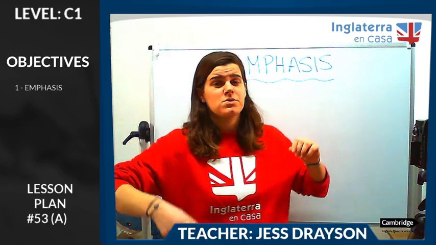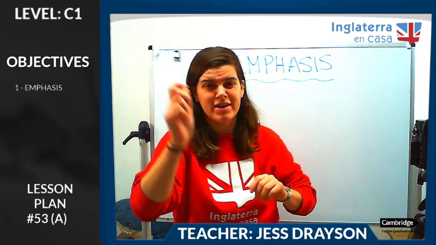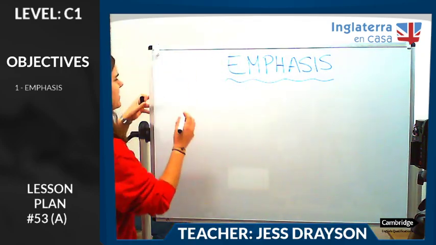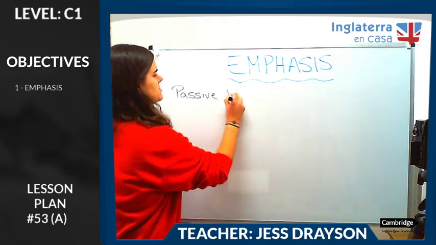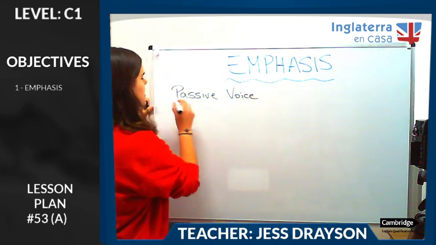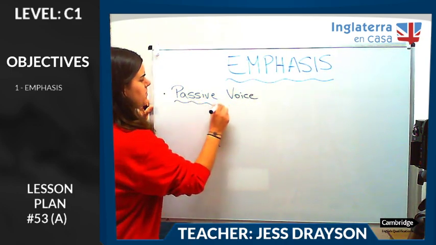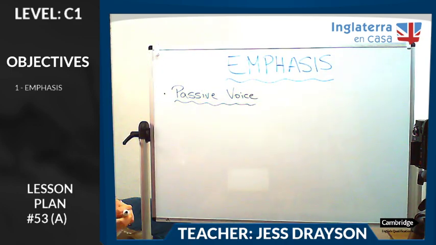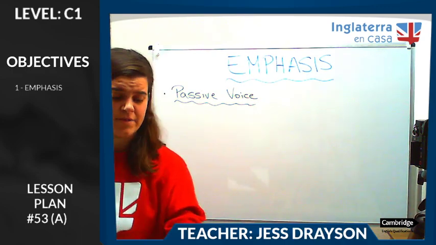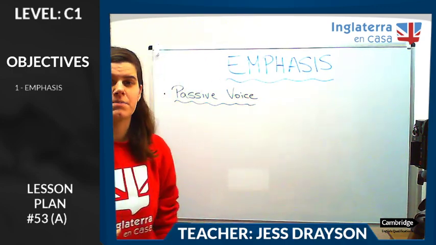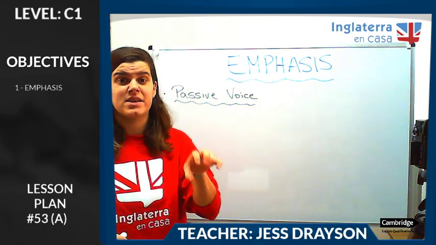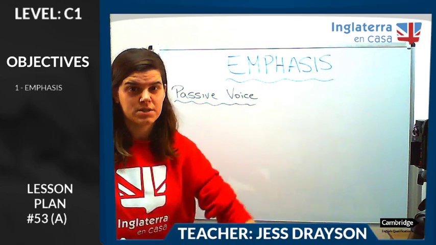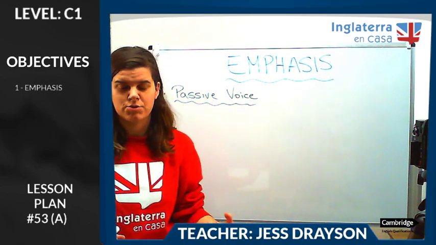We typically use, yes, correct, very good, the passive voice, okay? So you can use the passive voice as one of your ways of emphasizing. With the passive voice, typically, as I said, the object gains more importance than the subject. So you can use the passive voice to emphasize that this is important. The object is important, not the subject, okay?